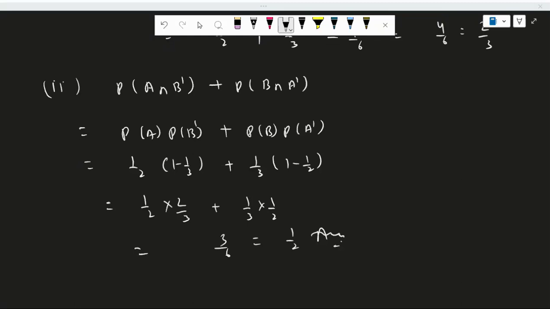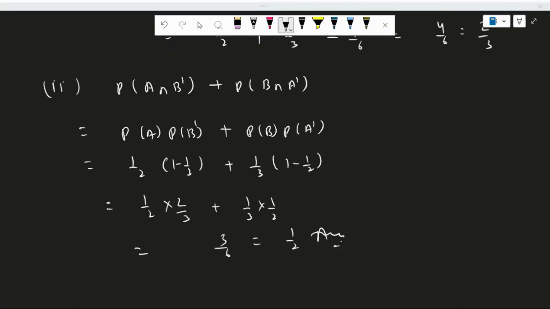It is 13, not 15. There are 13 of each suit: 13 hearts, 13 diamonds, 13 clubs, and 13 spades. So it is 13 over 52, that is 1 over 4.